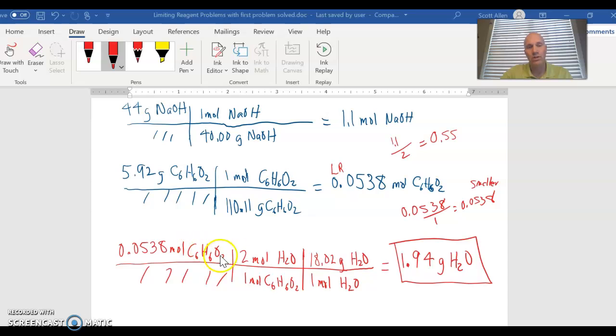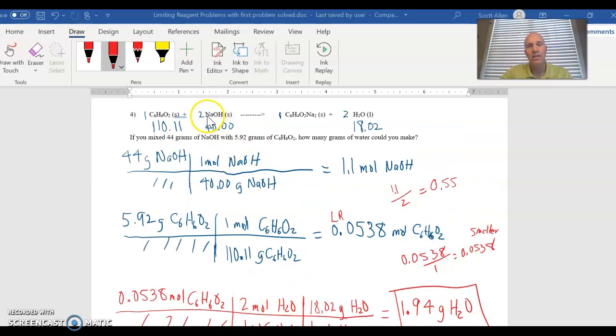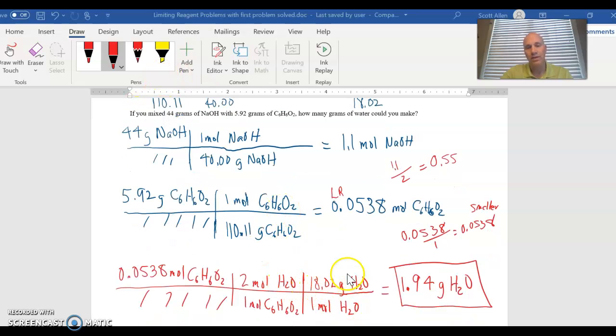So starting a crossbar with that, the first step is a mole-to-mole ratio between product and reactant. We've got 2 moles of water being able to be produced from the 1 mole of this material right here. And then we convert that to grams of water, and we end up getting 1.94 grams of water.